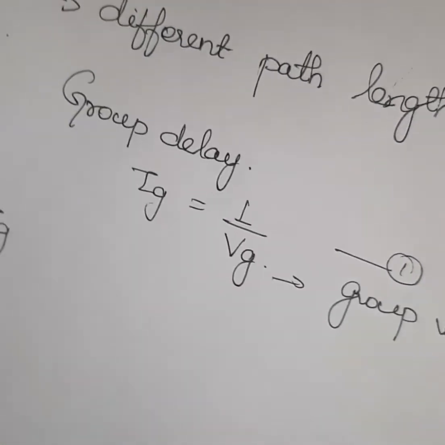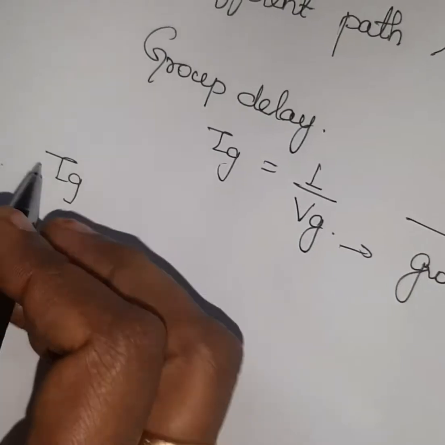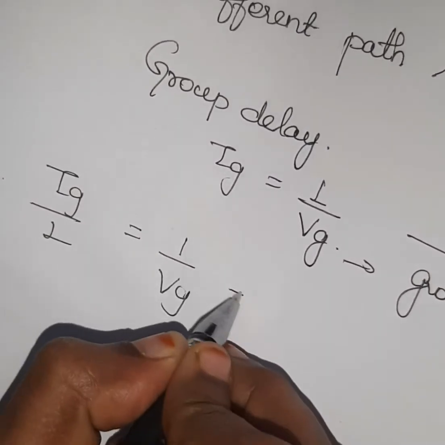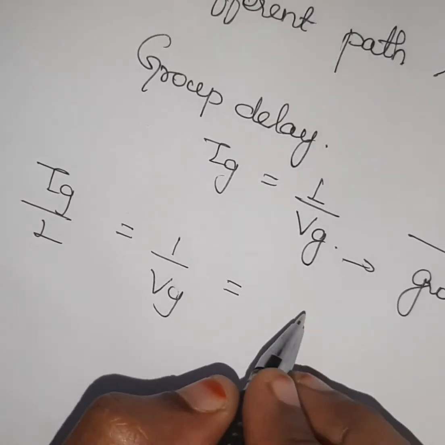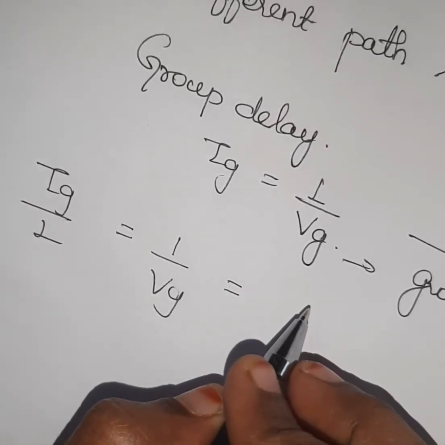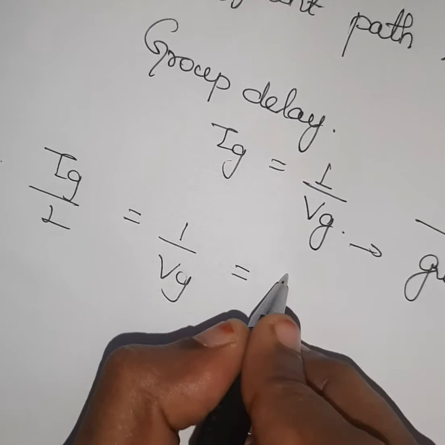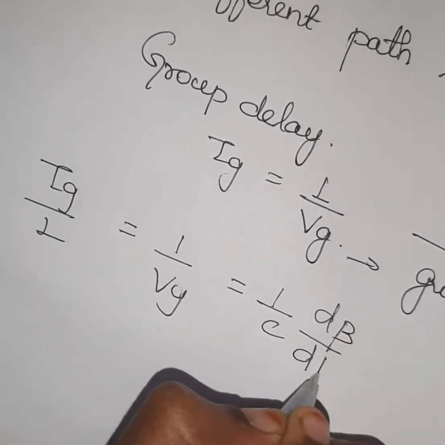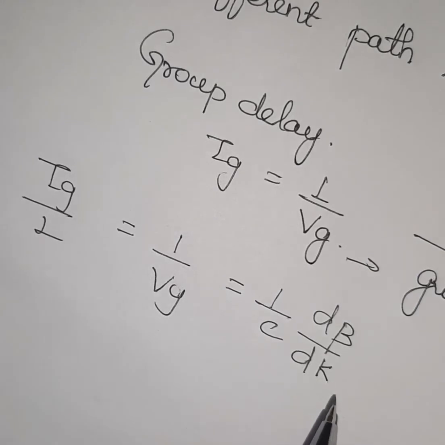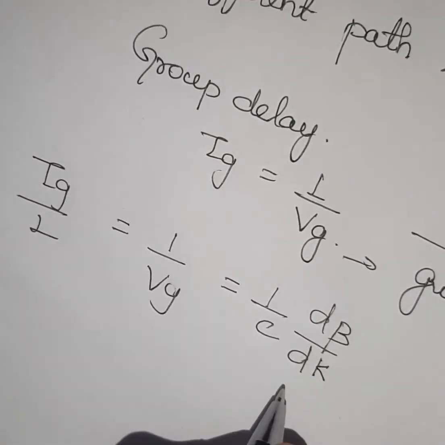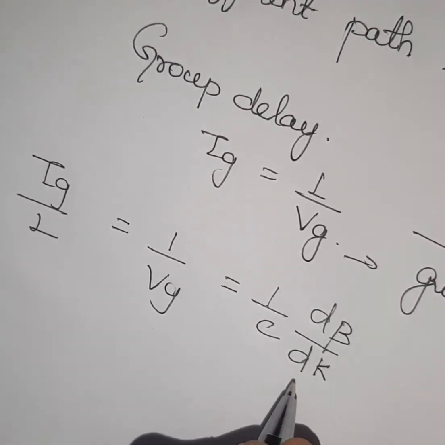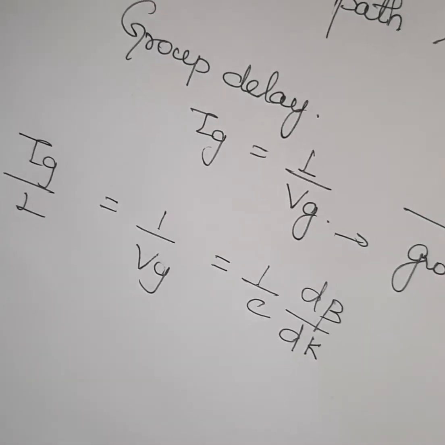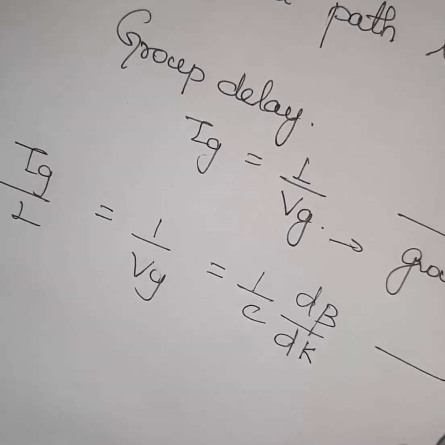So it becomes tau g by L is equal to 1 by Vg. Now you can write this equation as 1 by Vg is equal to 1 by C into d beta by dk. That is the velocity value, C into dk by d beta. So take this as equation number 2.